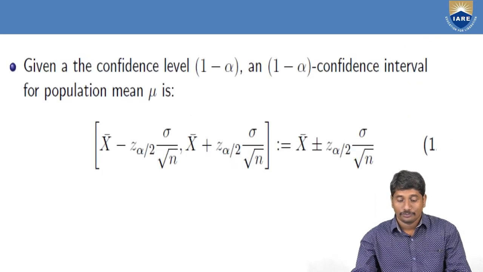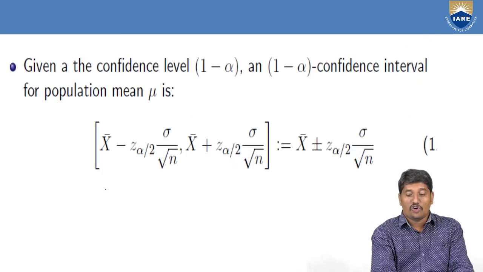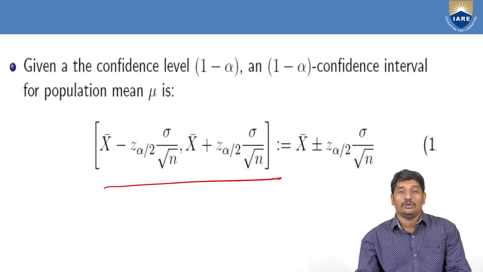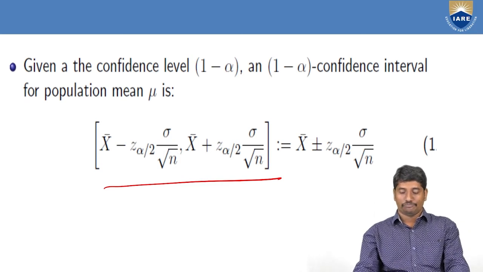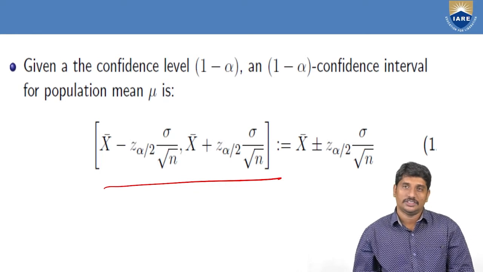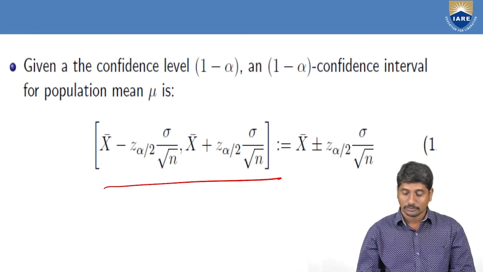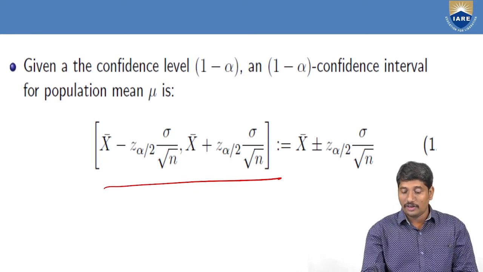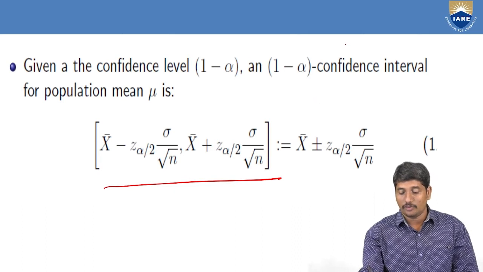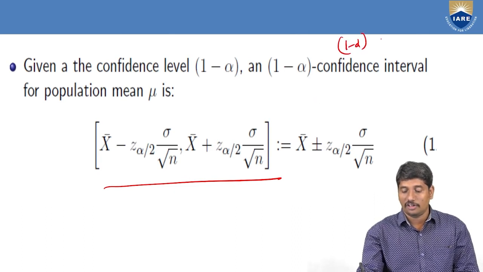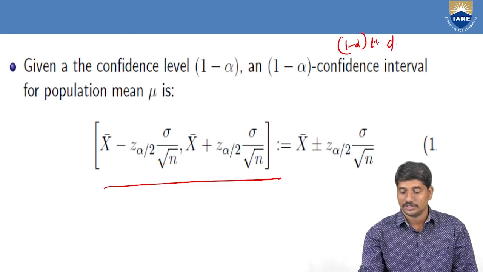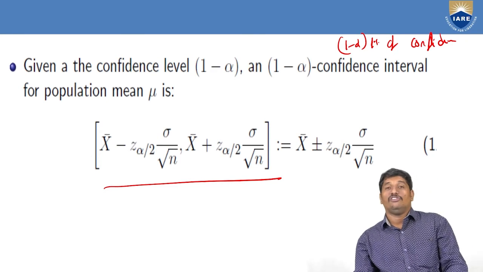Now, this is called the confidence interval of the population mean around the sample mean x bar. What does this formula say? First, let's try to understand. We can write it at 1 minus alpha level of confidence, the percentage of confidence.